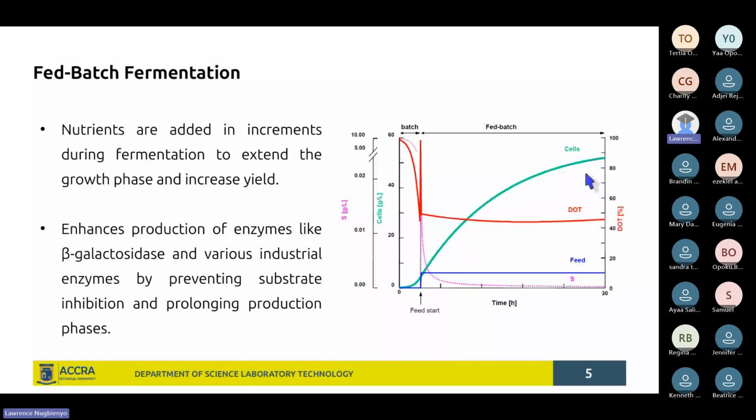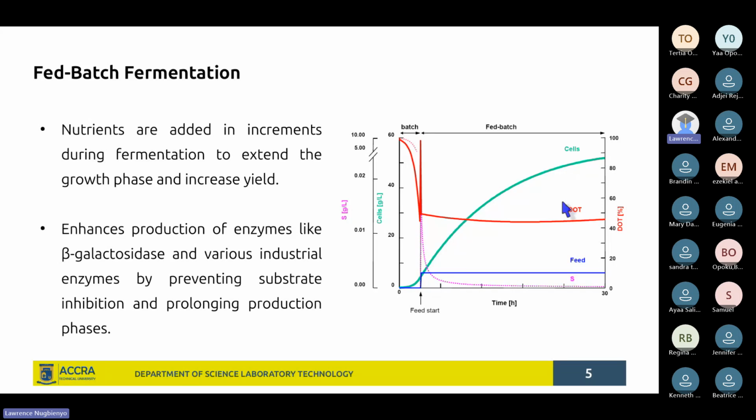If you repeat this process over a certain period of time, you will have increased the yield of your product. As I said earlier, this is an improvement of the batch system, in that you increase the yield by introducing feed into the system at regular intervals over a certain period of time.